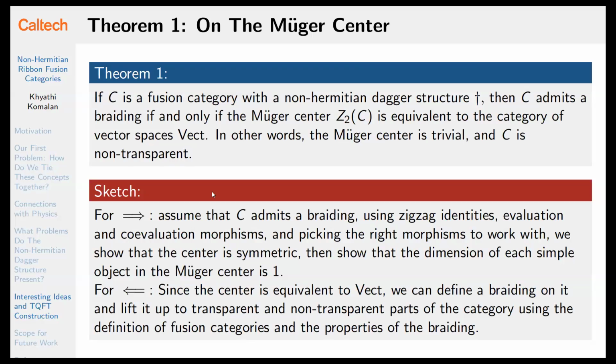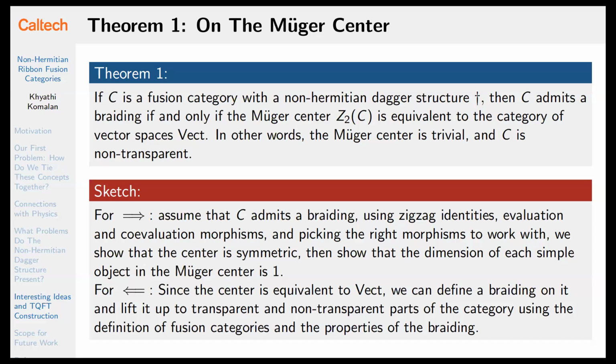So for the implies part, we would be assuming that C has a braiding, and you'd be using zigzag identities, evaluation and co-evaluation morphisms. I'd mentioned earlier that if we were working in something Hermitian, we would be able to use the properties of evaluation and co-evaluation morphisms and prove things using that.